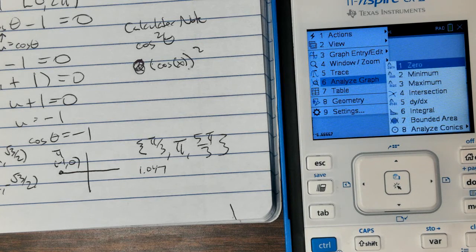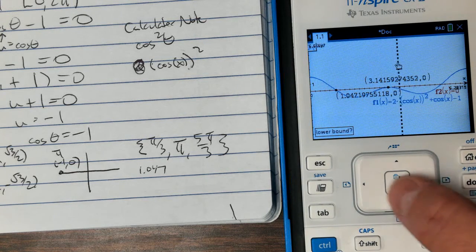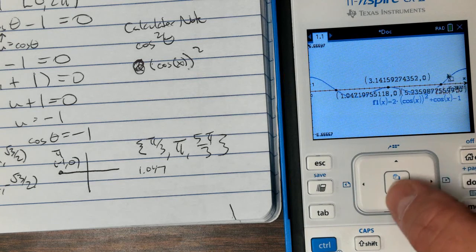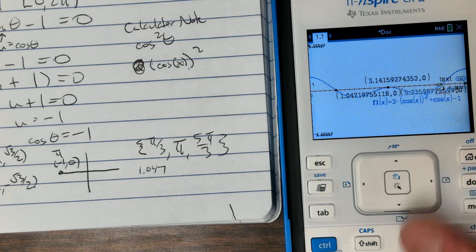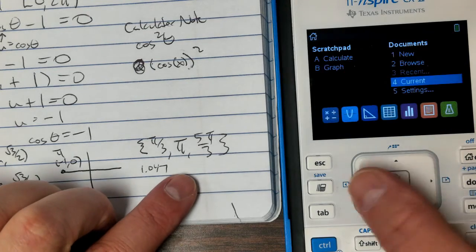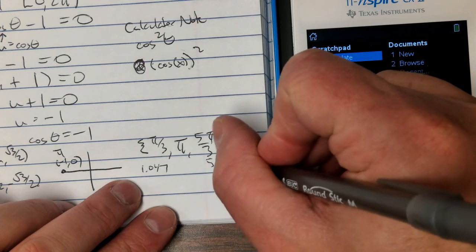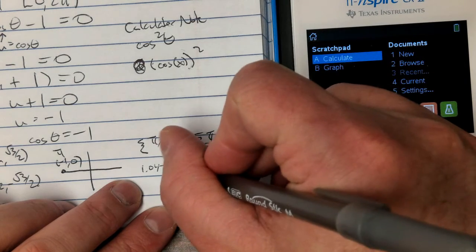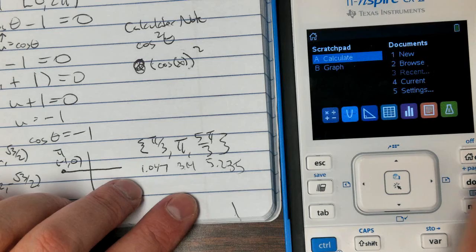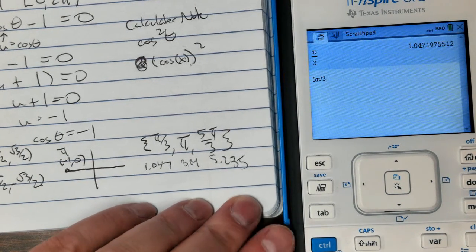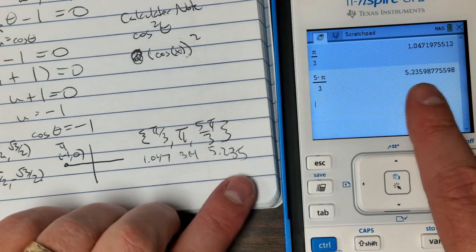Menu, Analyze, Intersect from here to here. 5.235. And so when I do 5 pi divided by 3, that gives me 5.235.